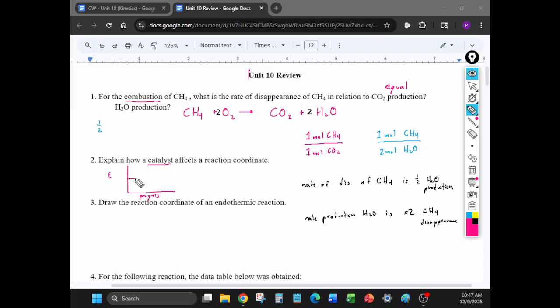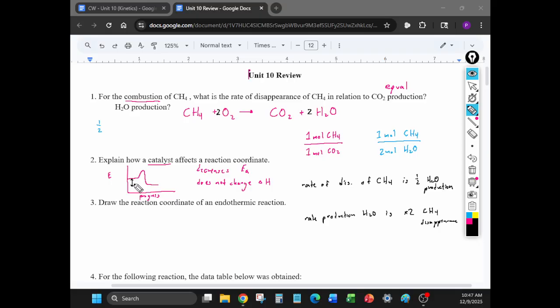We know that every time there's a reaction, there is an activation energy barrier it needs to overcome. So anyone remember, how does a catalyst affect the reaction coordinate? It decreases. Yeah, it decreases what? The amount of energy required. Yeah, what's that called? Activation energy. So keep that in mind. It decreases the activation energy, but it does not change the delta H. Okay, so it does not affect the relationship between the reactants and the products.